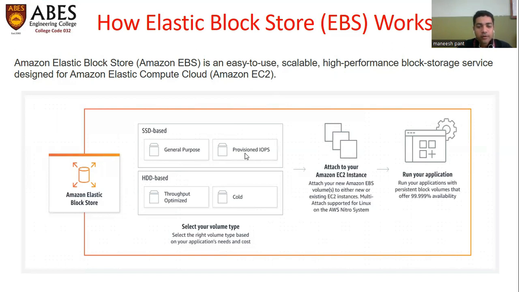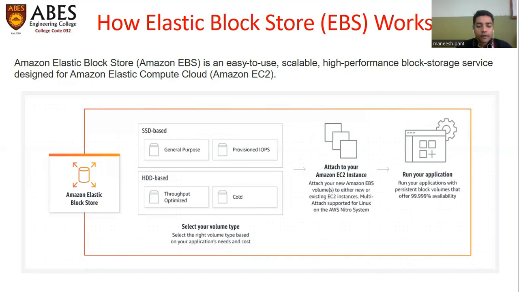What is IOPS? SSD performance is basically calculated on IOPS. IOPS is input output per second. So how many input output operations per second? If we need a higher amount of input output per second, we will use SSD based storage.